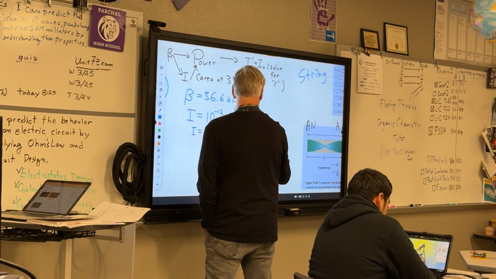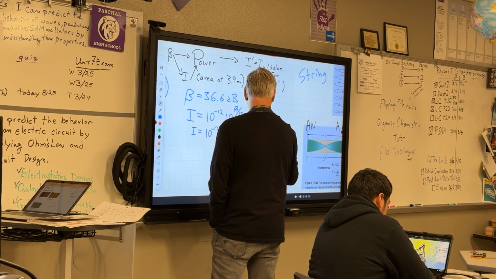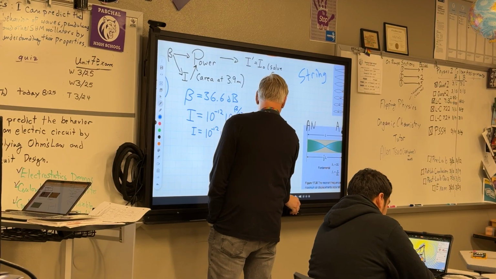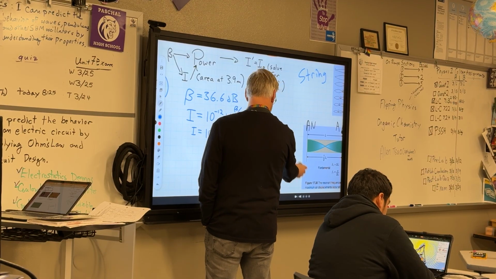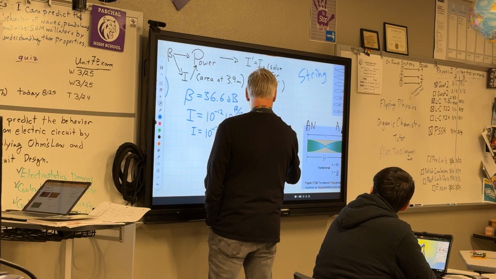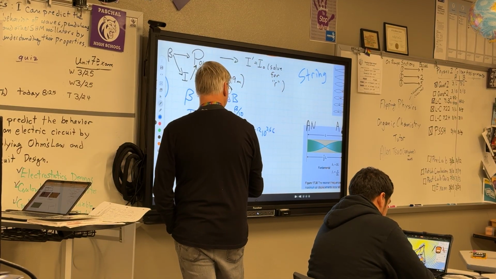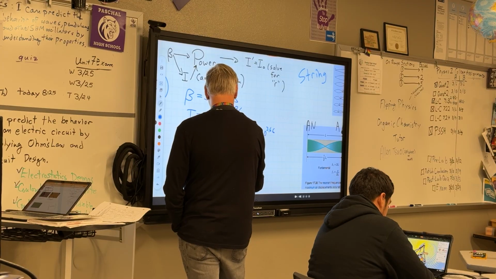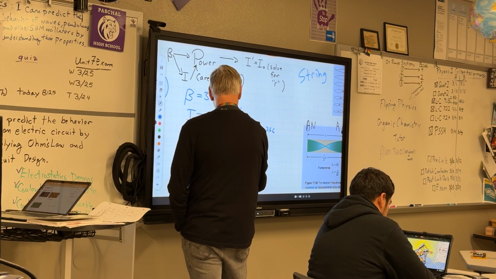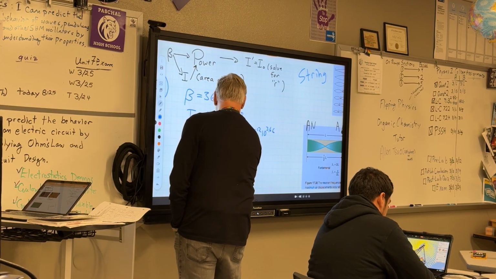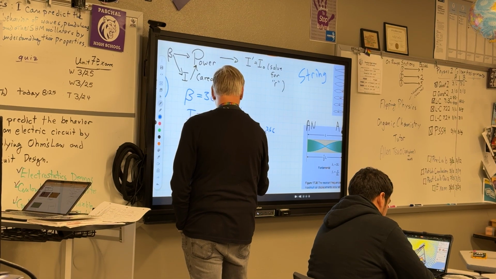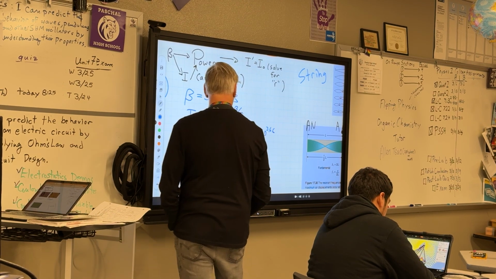So that's 10 to the minus 12 times 10 to the 3.66. Somebody's got really sloppy handwriting up here. So my original intensity is 10 to the negative 8.34, if I'm doing the math right there.